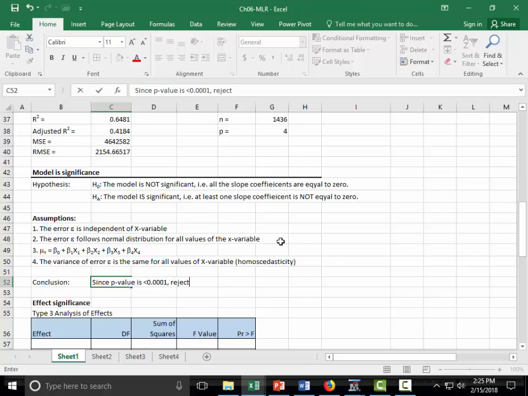The p-value gives you the probability of getting it wrong when you reject. So if the p-value is so small, then the probability that you are wrong when you reject the null hypothesis is negligible. So you can go ahead and reject it. So, reject H0. The regression model is significant, right?